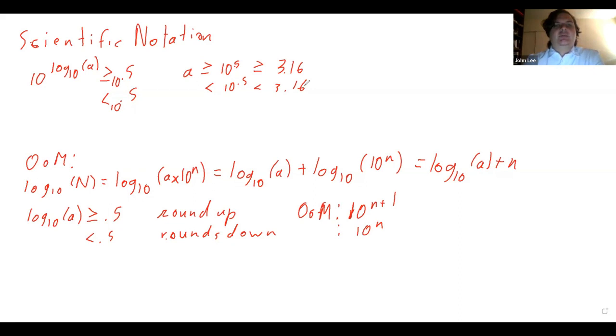And when we were talking about 250, which was less than 3.16 times 10 to the second power, then it got rounded down to 10 to the second power because it was less than this value. So whatever the leading value is, if it's greater than or equal to or less than about 3.16, that's going to tell you the order of magnitude of the value.